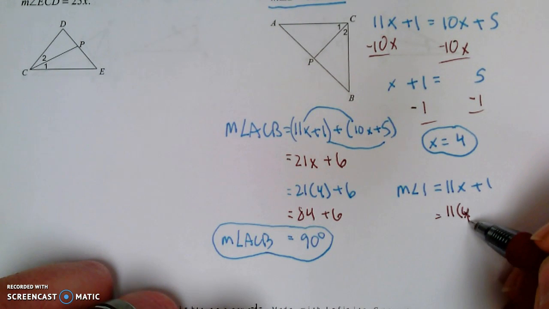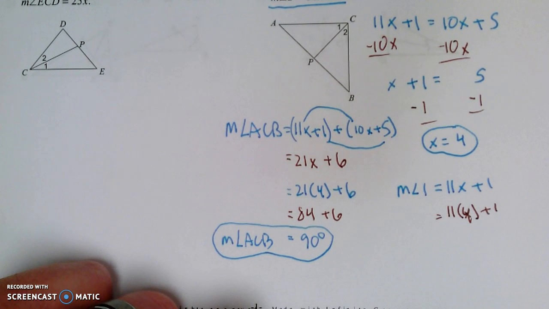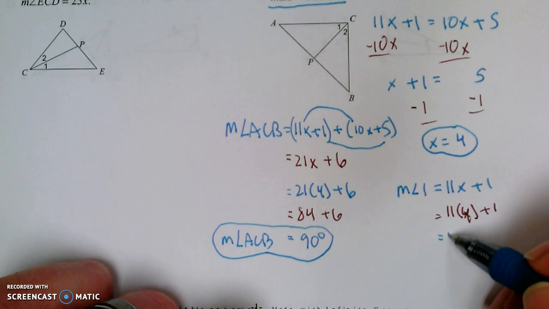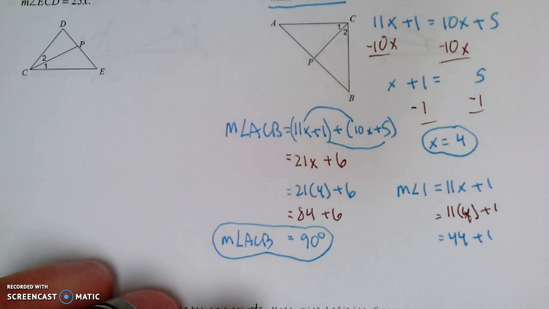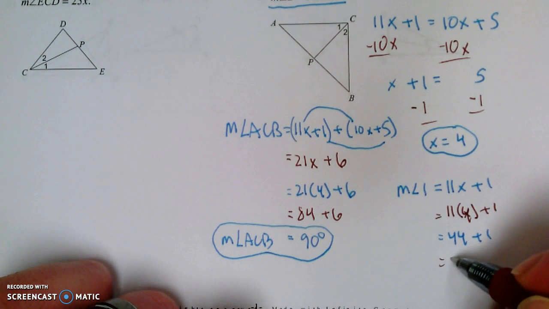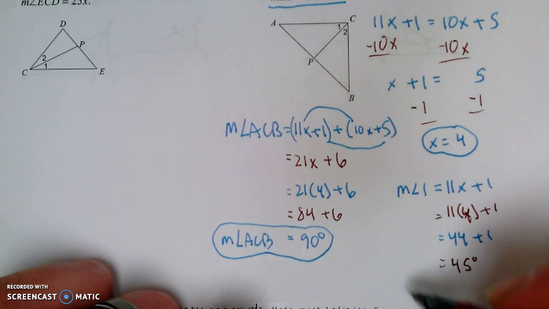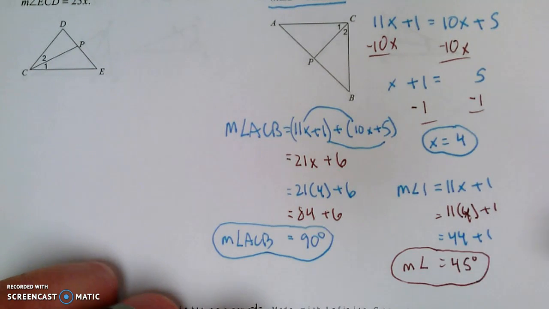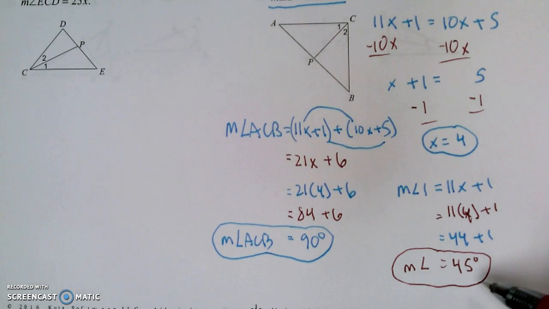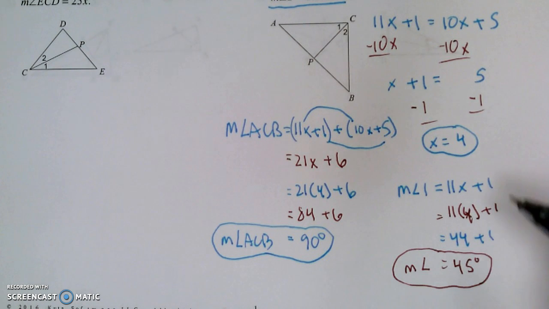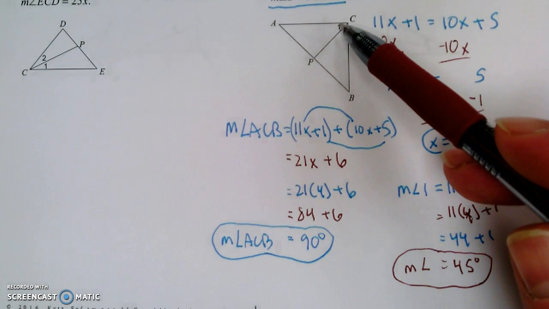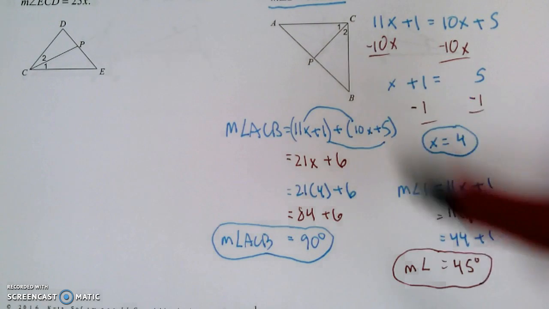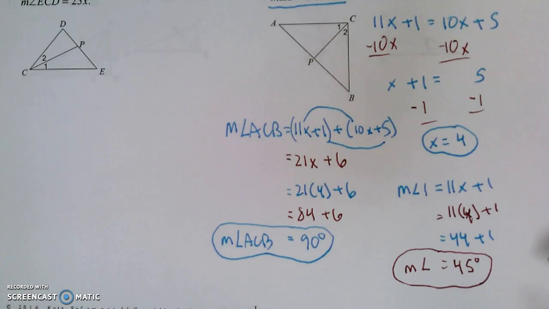So that's 11 times 4 plus 1. 11 times 4 is 44, plus 1. 44 plus 1 is 45 degrees. So the measure of angle 1 is 45 degrees. And then we would double that because, remember, that's just half of the large angle. We could double that and get 90. So there are 2 different ways you could go about this.